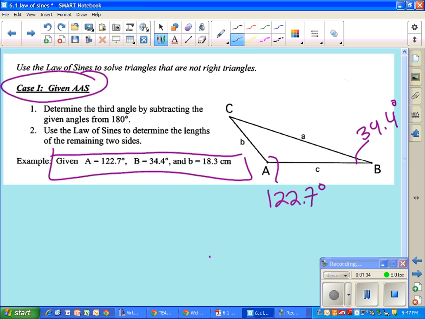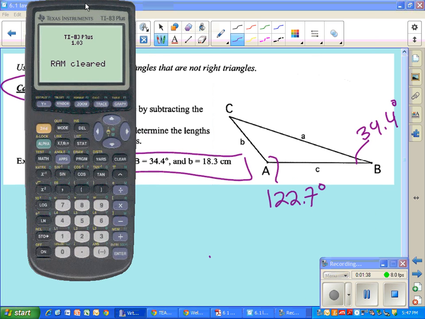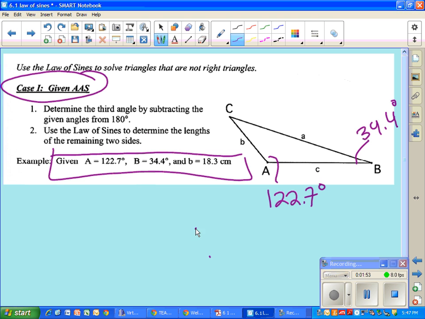Really easy. All we have to do is subtract those two angles from 180. So I have 180 minus 122.7 minus 34.4 degrees. We get our missing angle C as 22.9 degrees. So angle C is equal to 22.9 degrees.